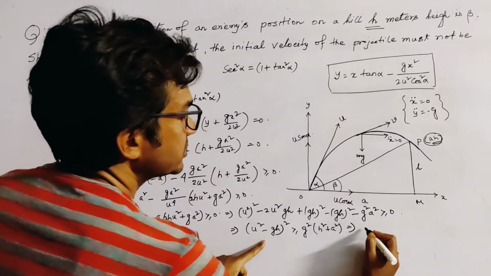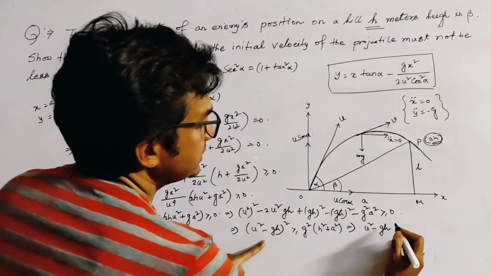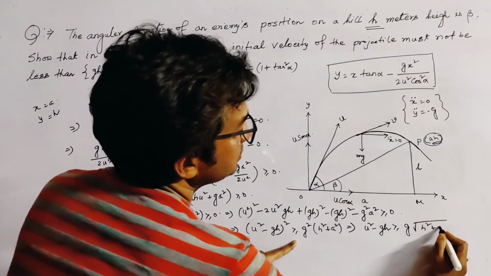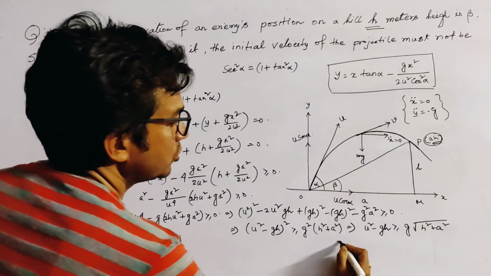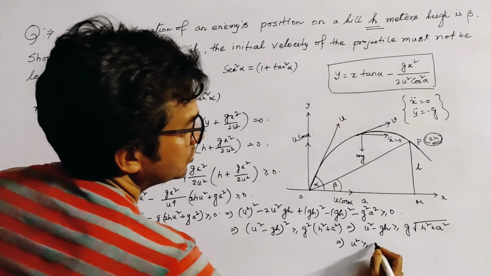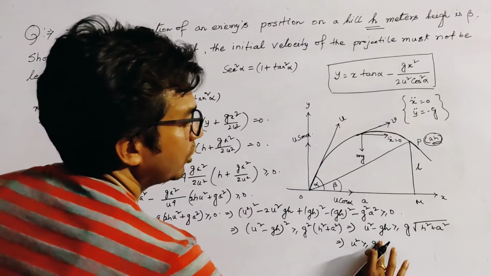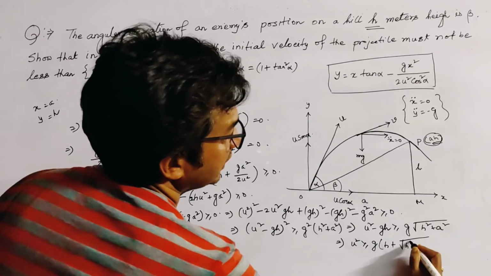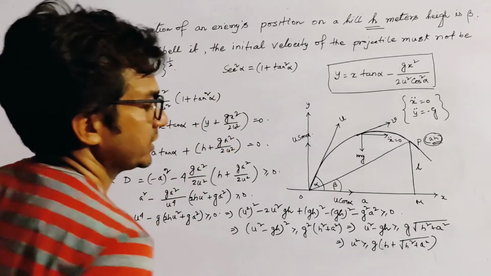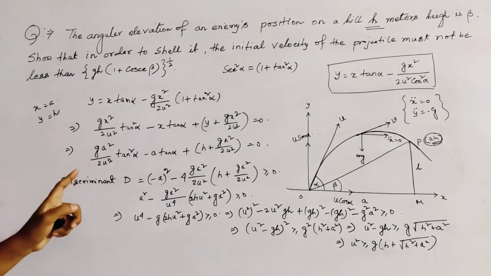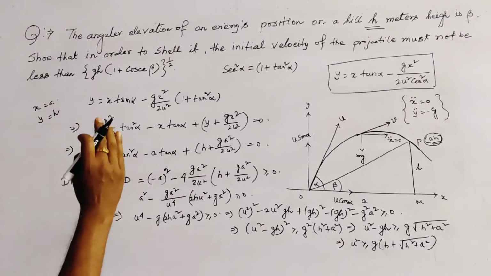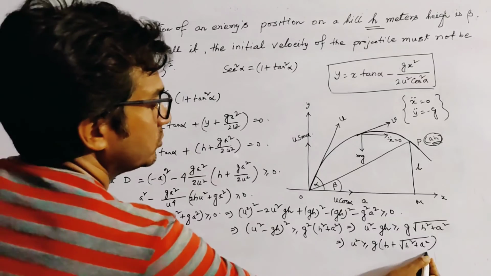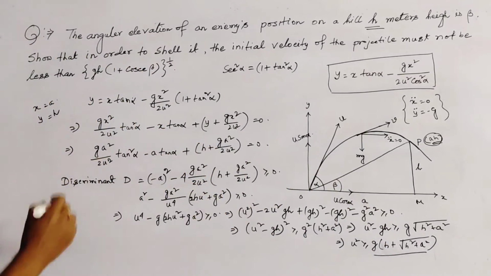This gives u square minus gh greater than or equal to g root over h square plus a square. So u square is greater than or equal to g times (h plus root under h square plus a square). For real values of tan alpha, or real values of alpha, we must have u square greater than or equal to this value.